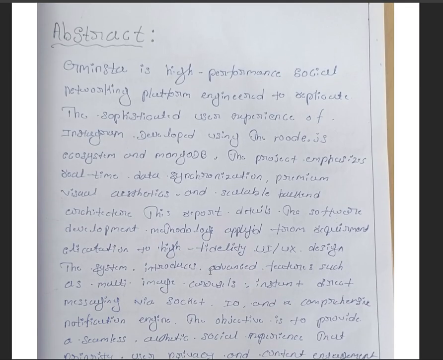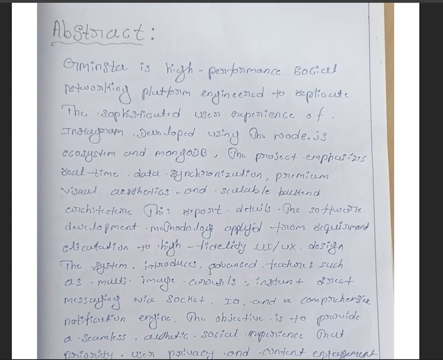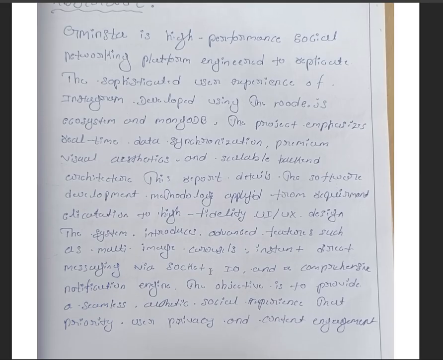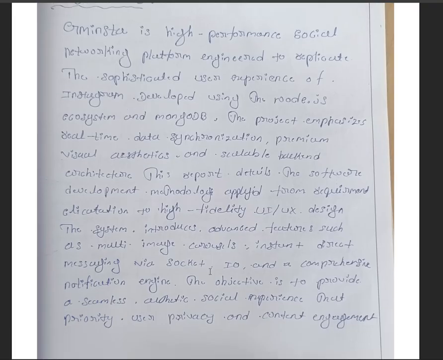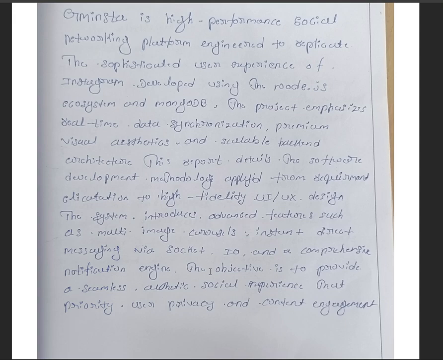Let me explain the abstract. GMinsta is a high performance social networking platform engineered to replicate the sophisticated user experience of Instagram, developed using the Node.js ecosystem and MongoDB.